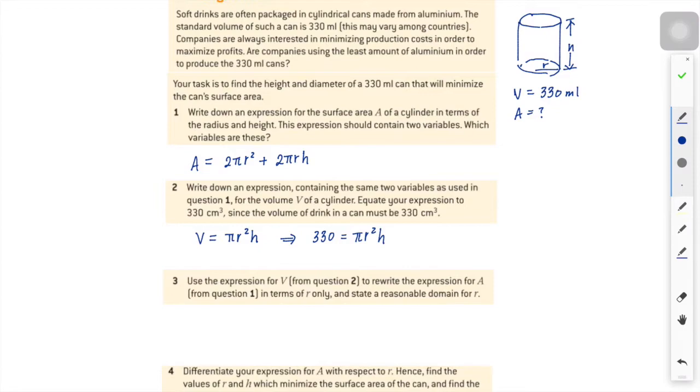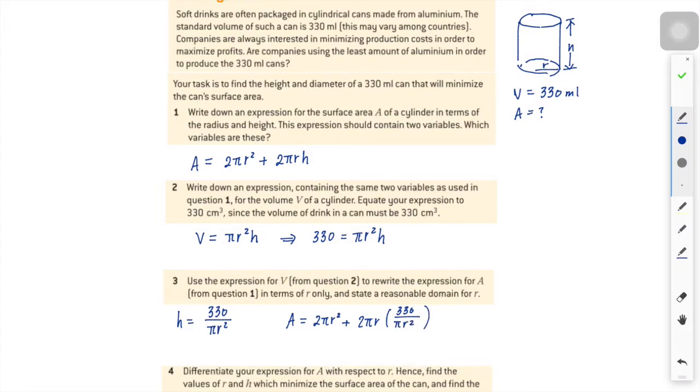Using the equation from 2, I can rearrange it to show that h is 330 divided by pi r squared. Then let's substitute this into the expression in number 1. So we have A is equal to 2 pi r squared plus 2 pi r times 330 over pi r squared.